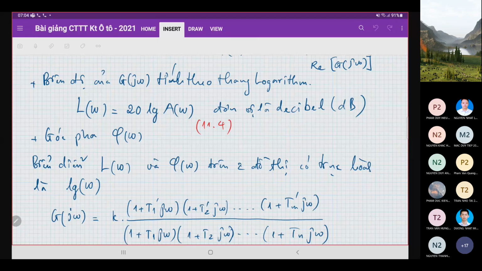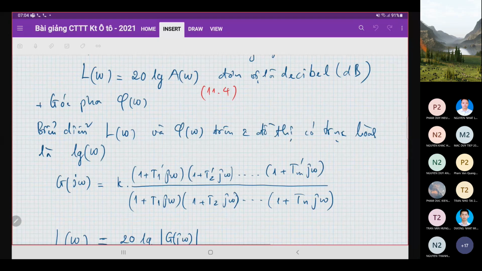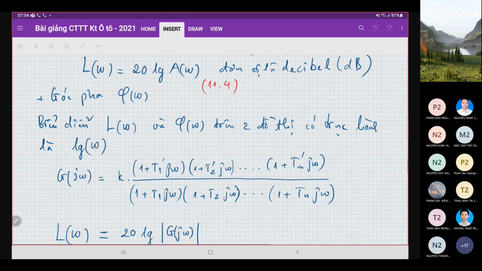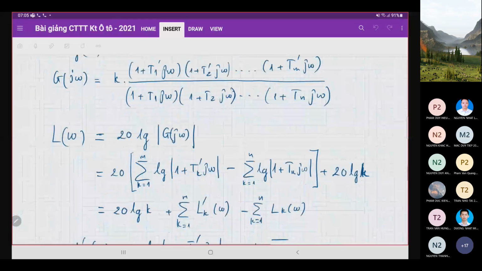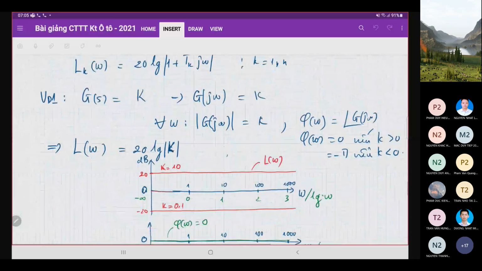Okay, that's why we have here 20 logarithm of magnitude. And we call this diagram with two axes, one for magnitude and the other for the phase, the Bode diagram.